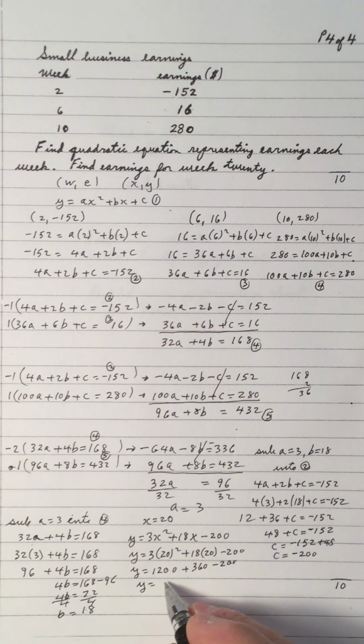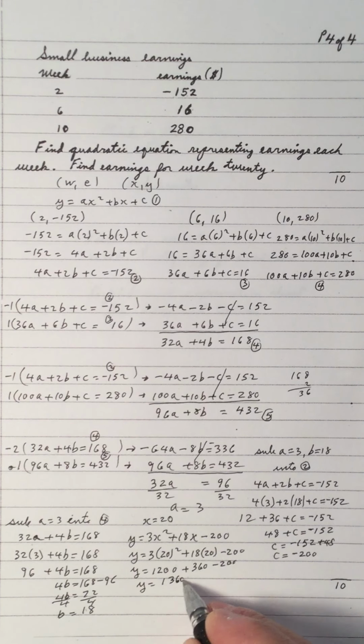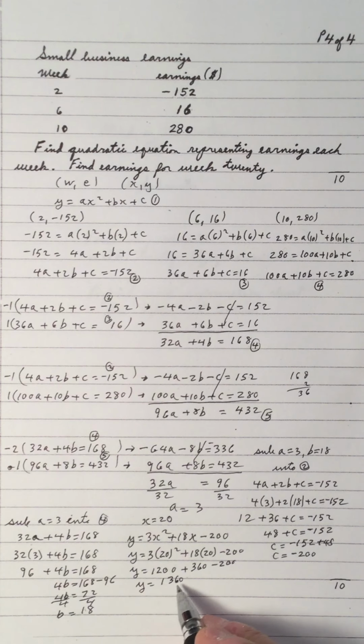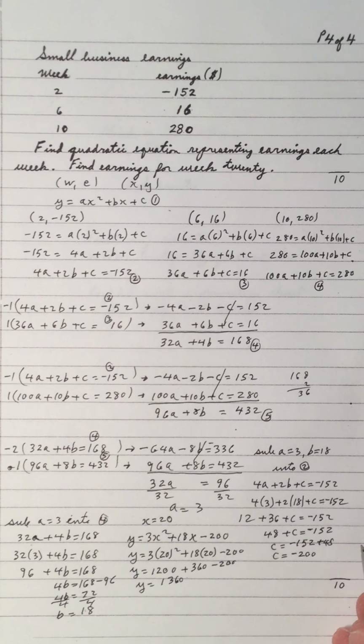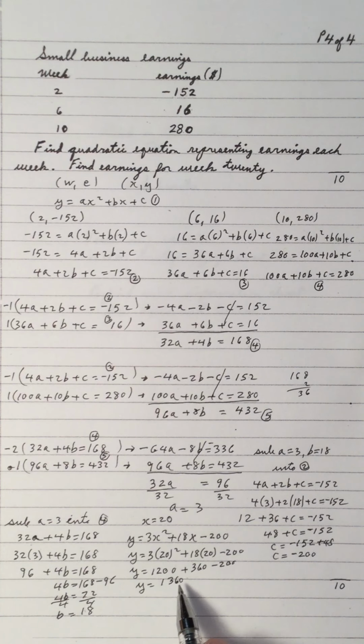So that's 1560 minus 200 is 1360. So the earnings for week 20 is $1,360. And if you have that equation and this, then you have full marks.